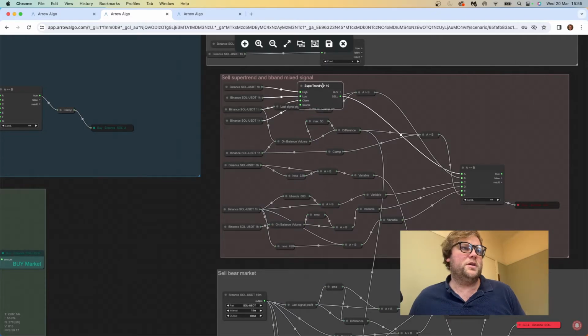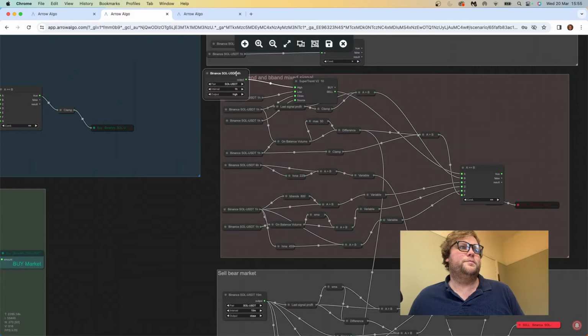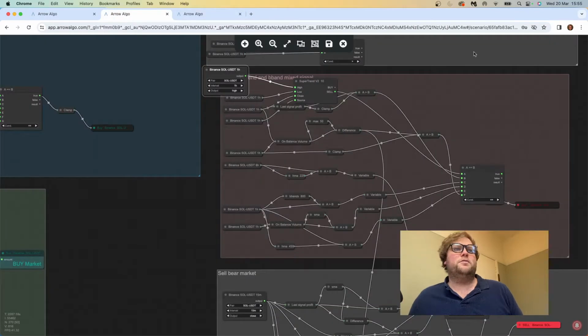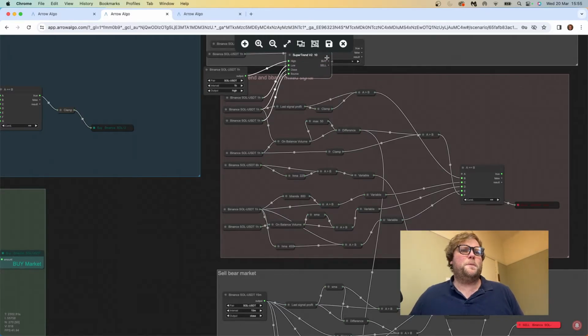And our first one, quite simply, is looking at the 1 hour super trend signal. As we talked before, super trend, we've got the line above and below when it's signaling a buy or a sell. And we're looking quite simply at whether the hourly super trend is signaling a sell for our first condition.